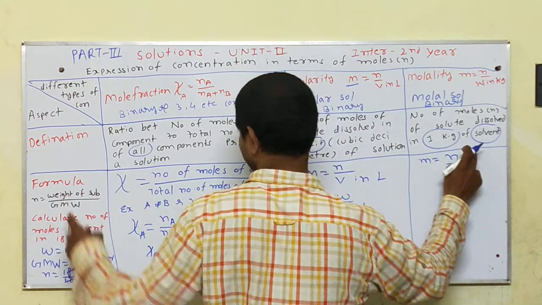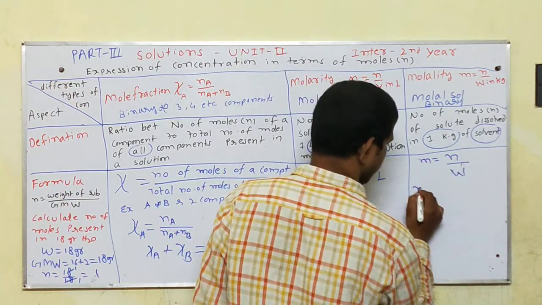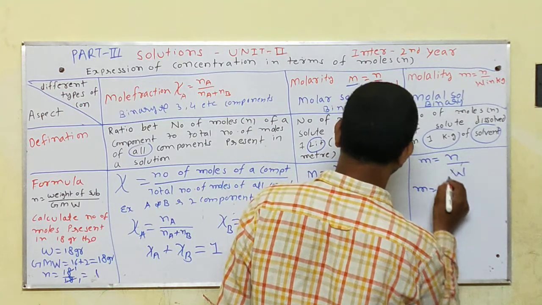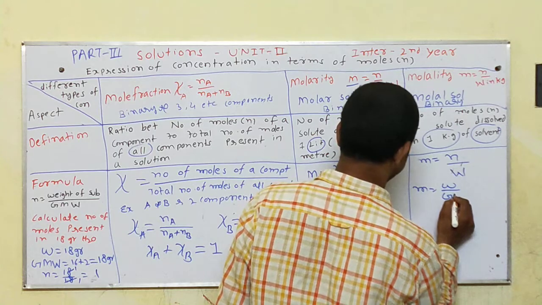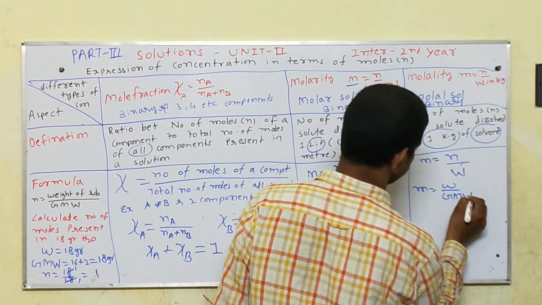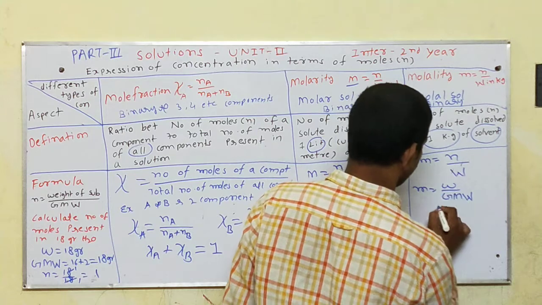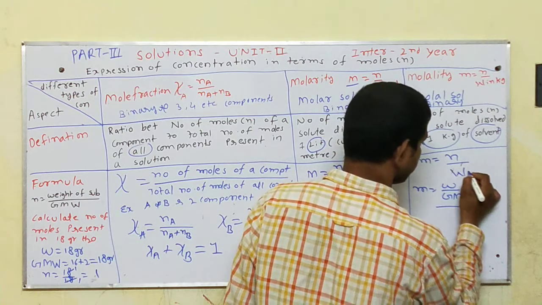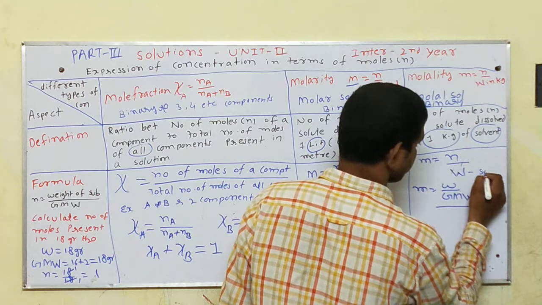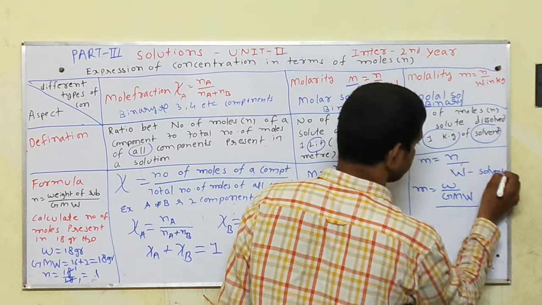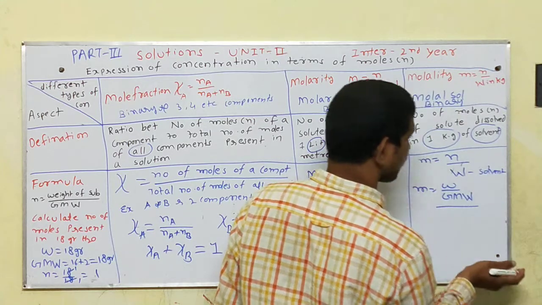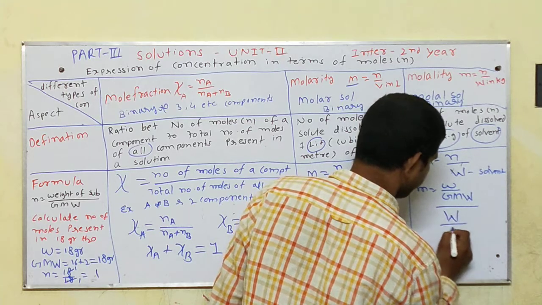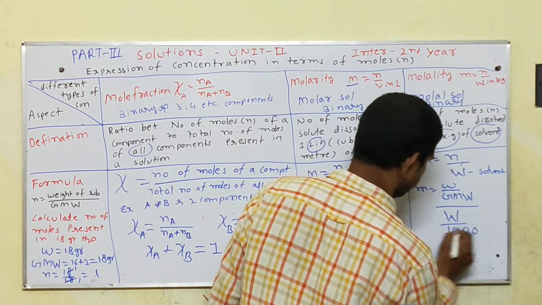Again, I am substituting this n value from here. m equals small w by GMW, and if the weight of solvent is given in grams, we have to convert it into kg, so that is W divided by 1000.